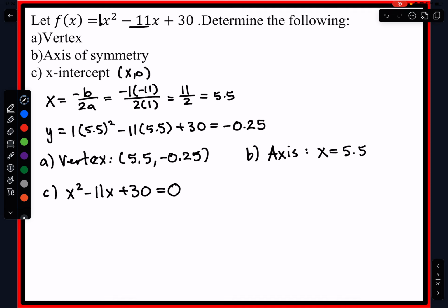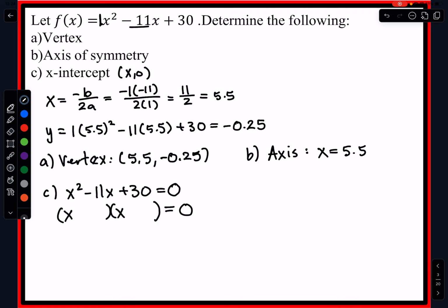So to solve this equation, I'm not going to use inverse operations and start by subtracting the 30. The way that these type of equations, quadratic equations, get solved is by using factorization and breaking up into its pair of linear factors. So we start by breaking up the x squared into 2 equal parts of x and x. We're going to predetermine what we're going to do to these x's by looking at the signs of the second and third term.